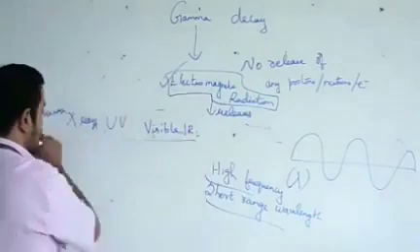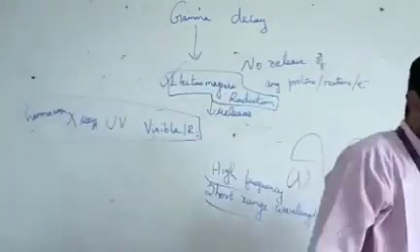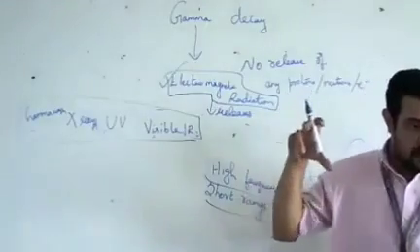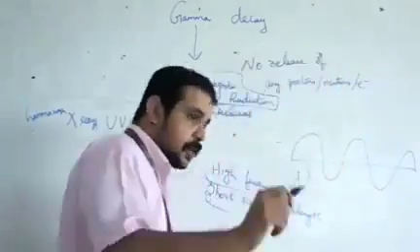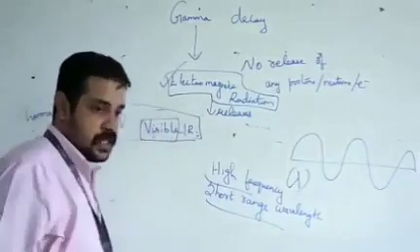So these are the different examples of electromagnetic radiation. From sunlight, we actually get this particular range, which is called the visible range.